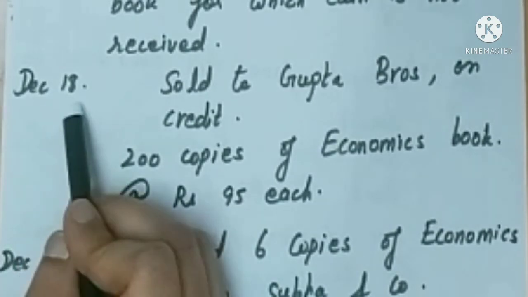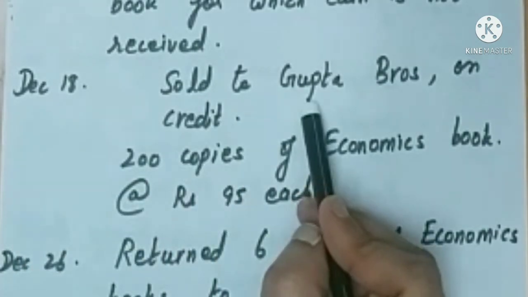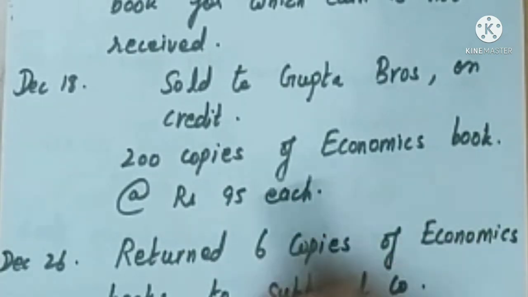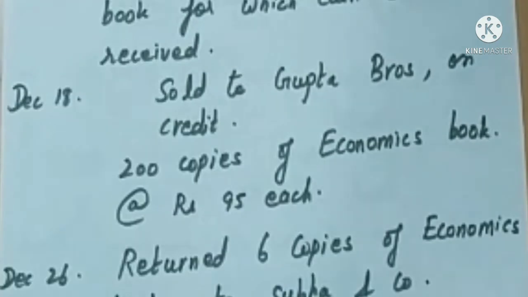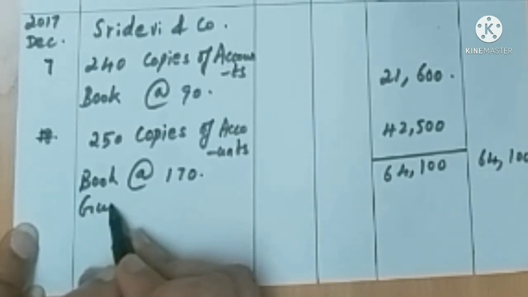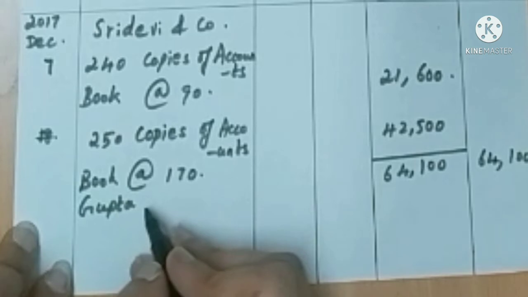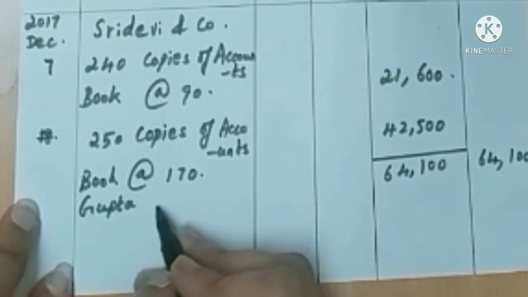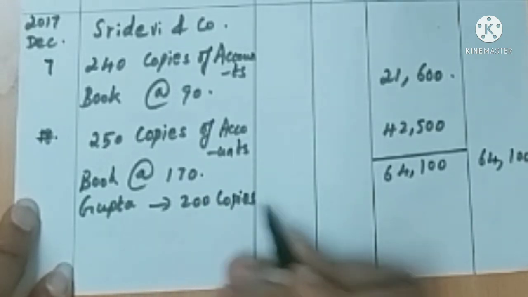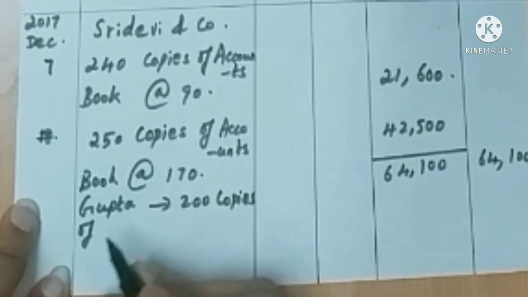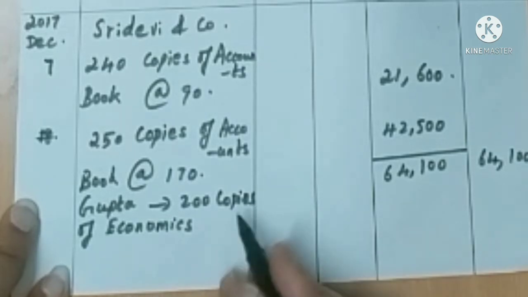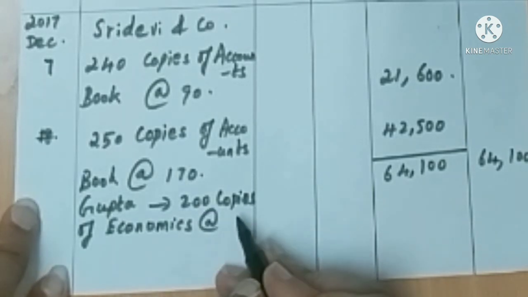Again, on December 18, sold to Gupta on credit 200 copies of economics book at rupees 95. So sold to Gupta 200 copies of economics book at rupees 95.